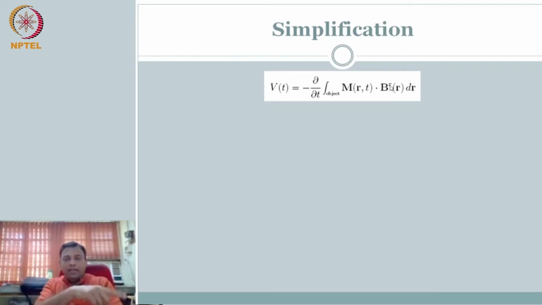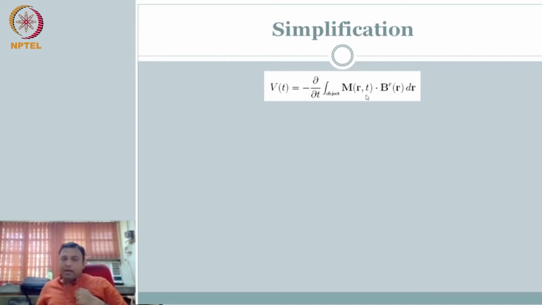Therefore, it is not dependent on where it is. If it is homogeneous, right, or uniform, then we can have just B_R instead of B_R(r). It is sensitive to each location equally.